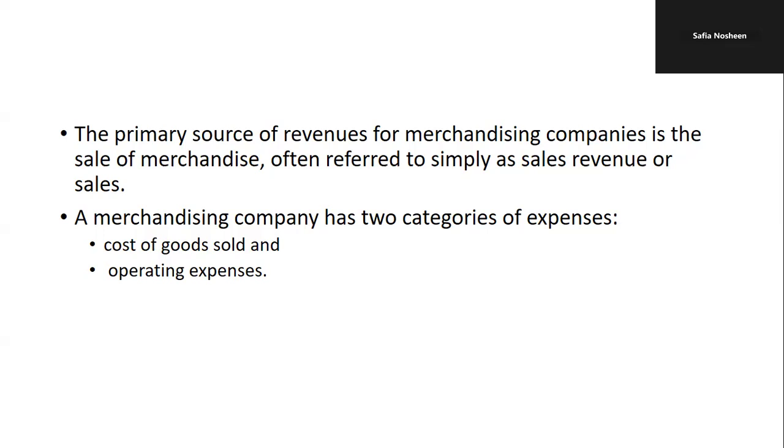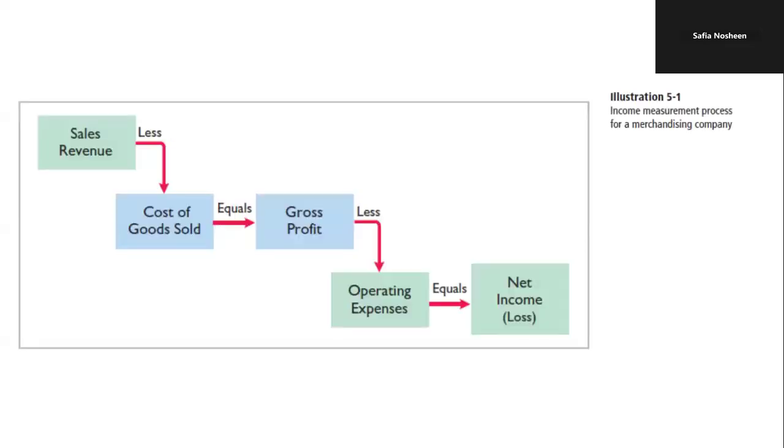In merchandising businesses, we have two types of costs or expenses. One type is directly related to the cost of goods sold, whereas the other type relates to operating the business, called operating expenses. Here you can see how net income is determined.